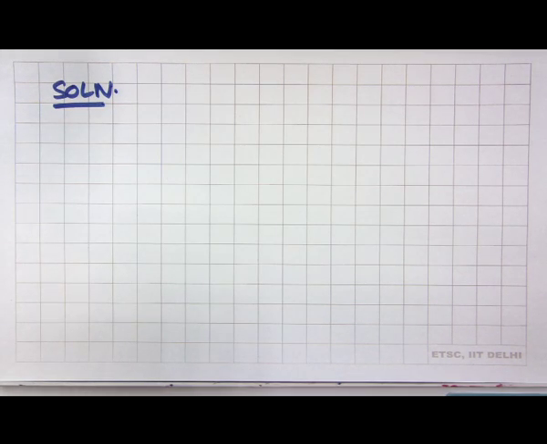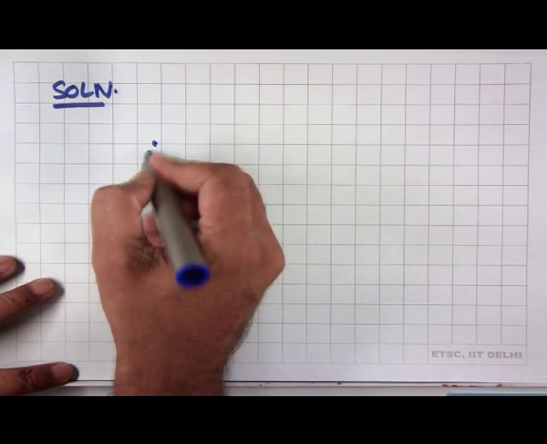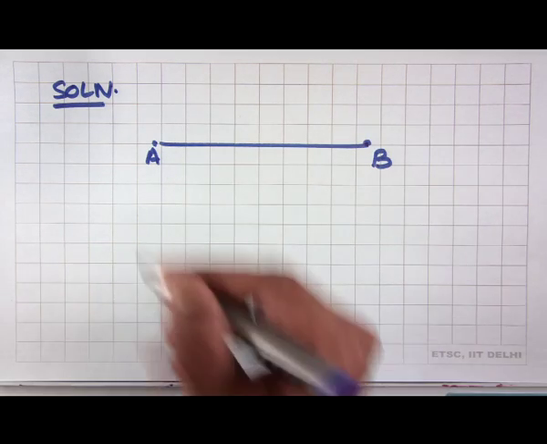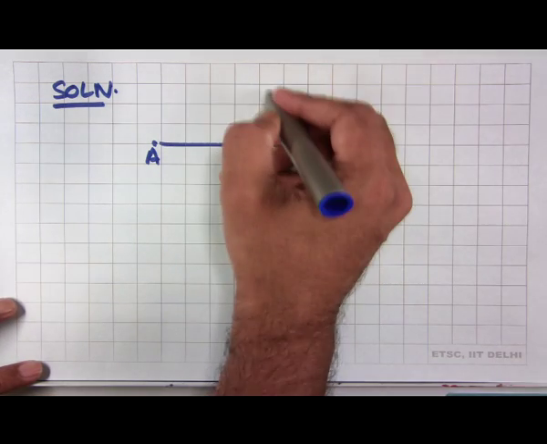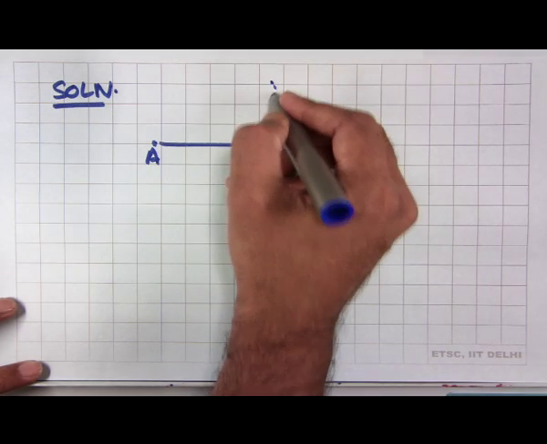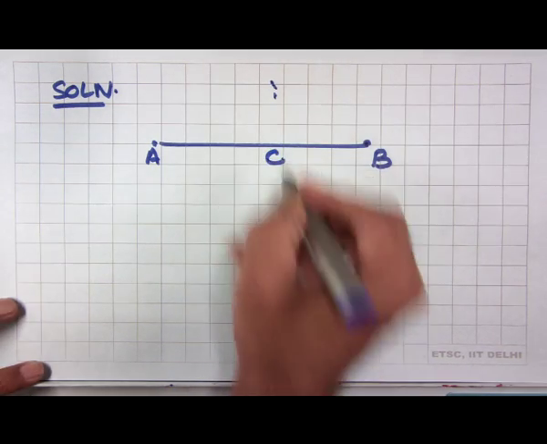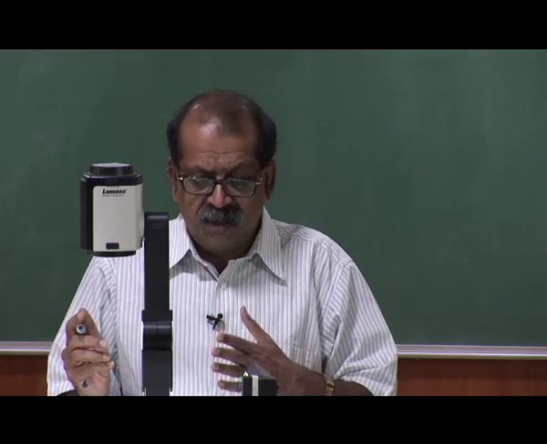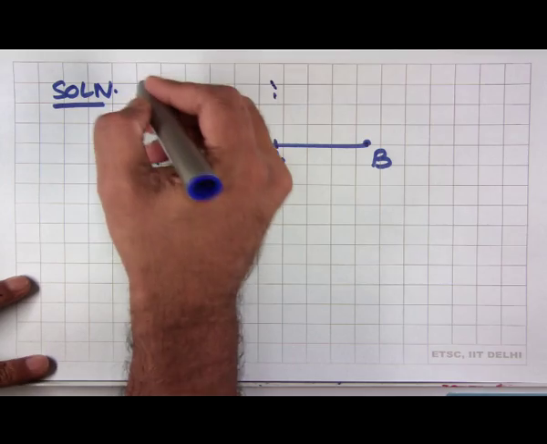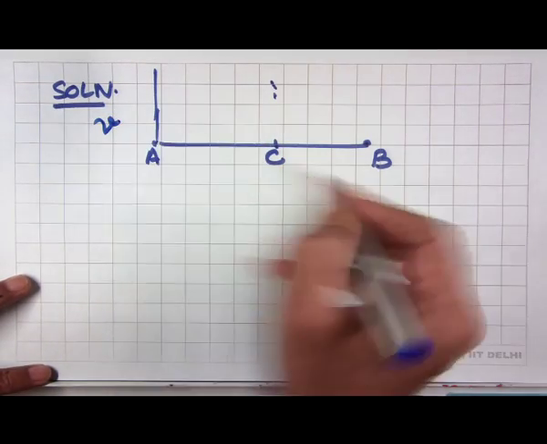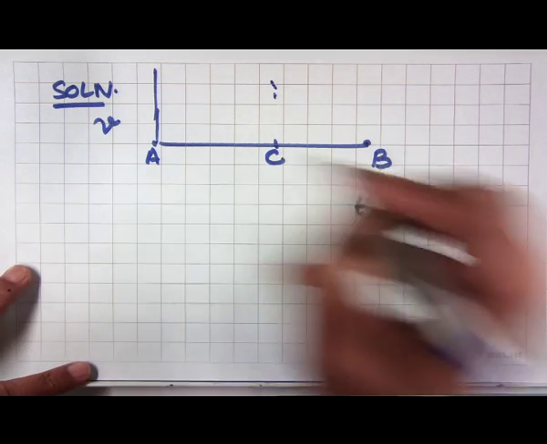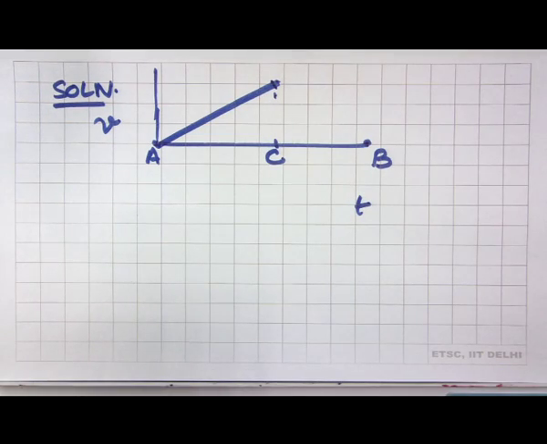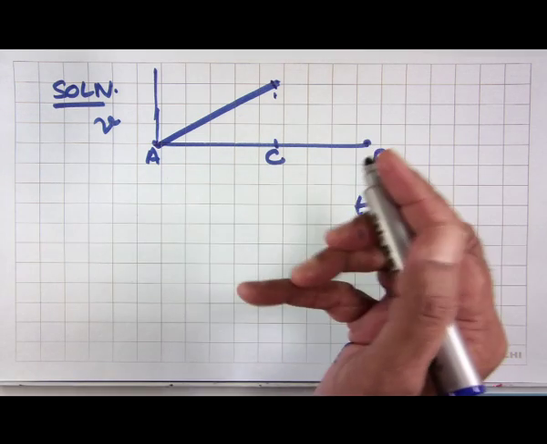Let us say the train starts from A and moves to B. Let the point where it changes from acceleration to retardation be C. If we draw the velocity-time curve, plotting velocity as a function of time, then from A to C the velocity increases, and because it is uniform acceleration, this will be a straight line.